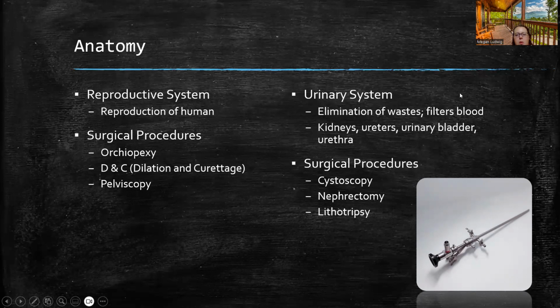Okay, urinary system. This is how we typically remove waste, especially from the blood. Filters the blood. Every second your kidneys are filtering blood and getting rid of things that your blood doesn't need.